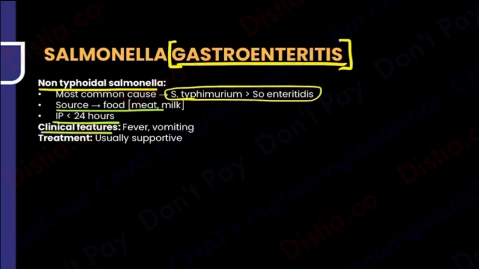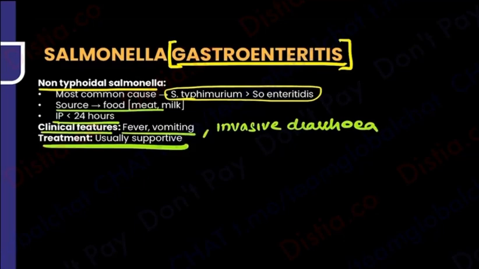There will be fever, vomiting, and invasive diarrhea can also occur, and the treatment is usually supportive. Repeating once again, when I'm talking about Salmonella gastroenteritis, enteritidis will definitely come to your mind, but please note typhimurium is more common. The most important question is that typhimurium is more common.